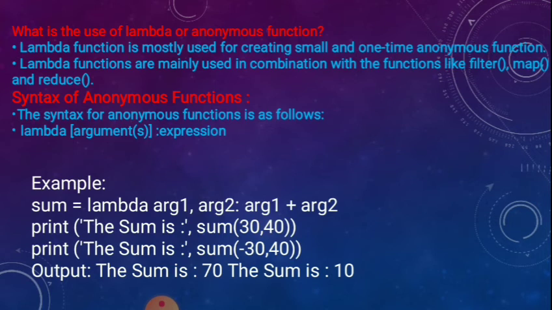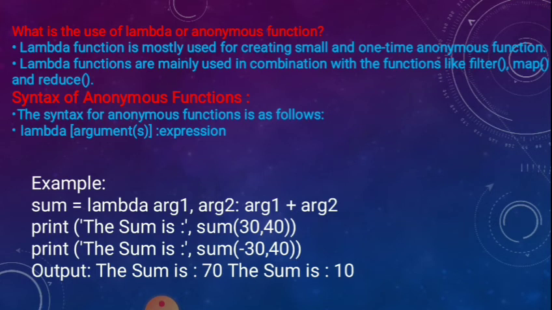Lambda functions are mainly used in combination with functions like filter, map and reduce. It works along with these functions. What are the functions? Filter, map, reduce or some other mathematical or built-in functions.